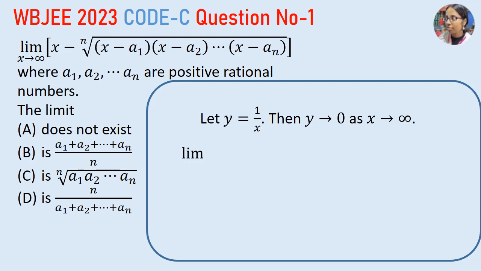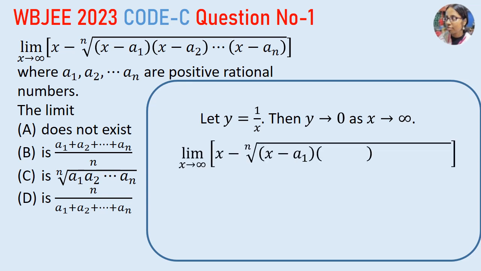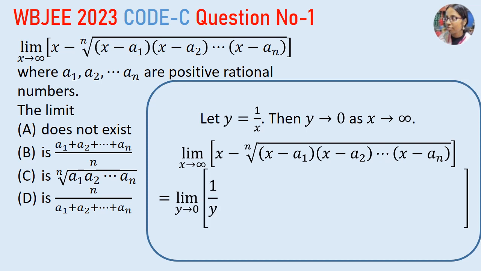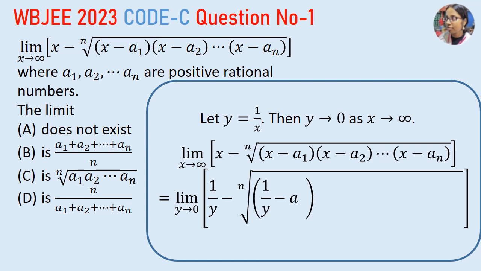So, limit x tends to infinity x minus nth root of (x minus a1)(x minus a2)...(x minus an) is equal to limit y tends to 0, 1 upon y minus nth root of (1 upon y minus a1)(1 upon y minus a2)...(1 upon y minus an).